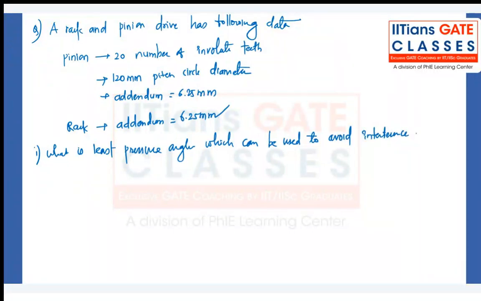And the second question, it's a linked question. If you have calculated the pressure angle, with that pressure angle, find the minimum number of teeth in contact at a time.